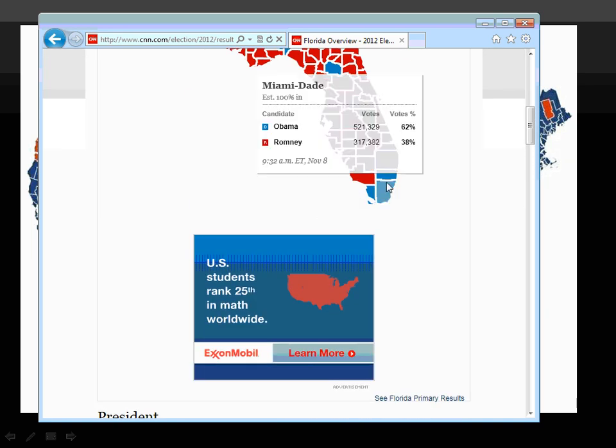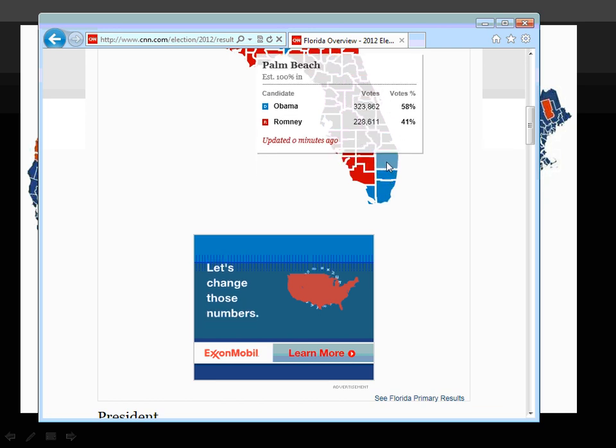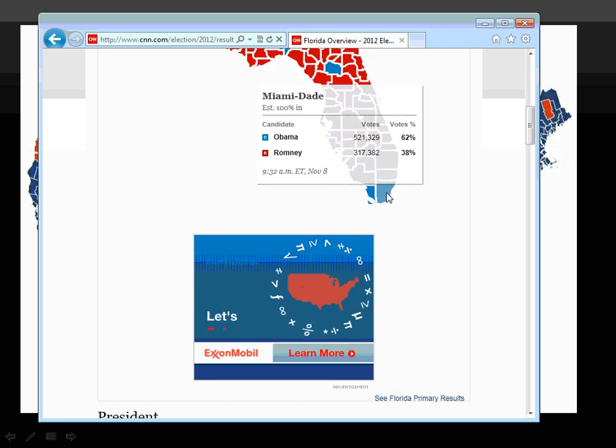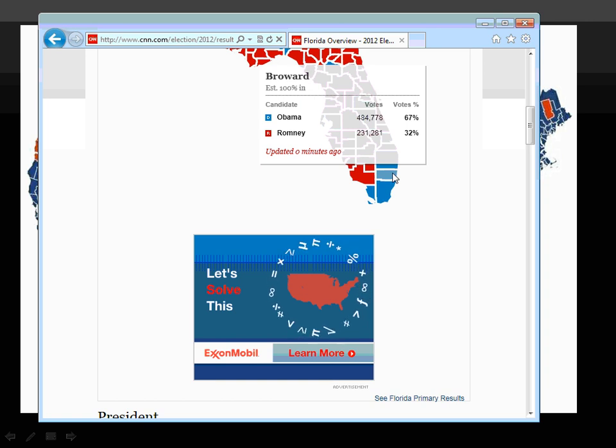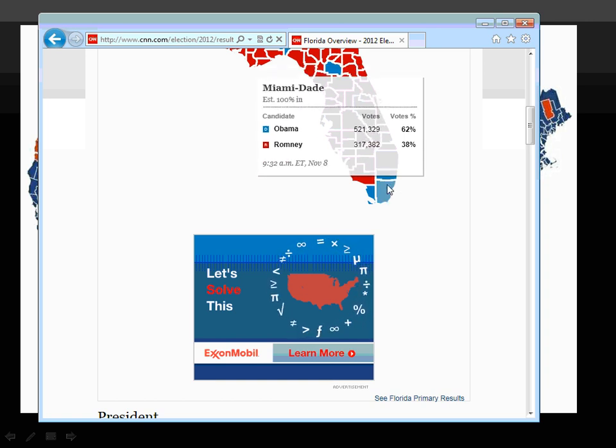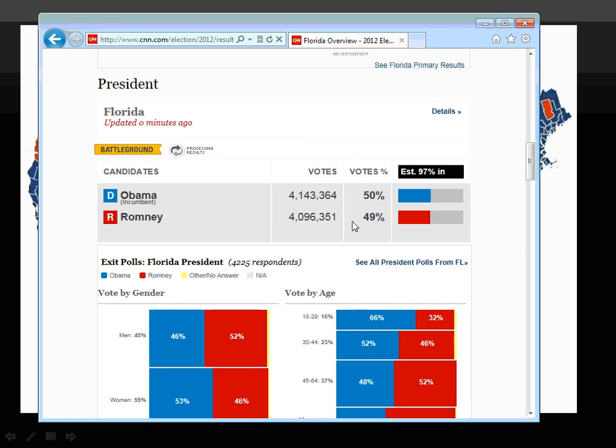They do claim that maybe 3 or 4% of the votes in Dade County, Broward, Palm Beach, these are the votes that are still not counted.